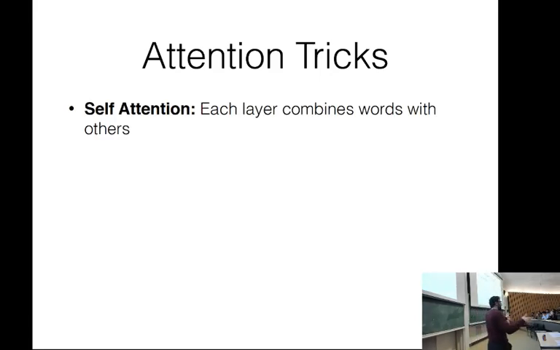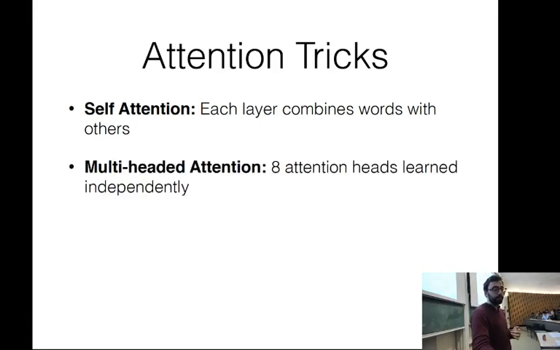So in this paper they do a bunch of tricks. The first one is, it's not a trick, but they're using self-attention, and each layer of the encoder as well as the decoder basically combines context from each sentence to compute the representation for every word. They also use multi-headed attention, and they started with 8 attention heads that were learned independently, meaning that there's nothing tying them together, they have different parameters for each one.